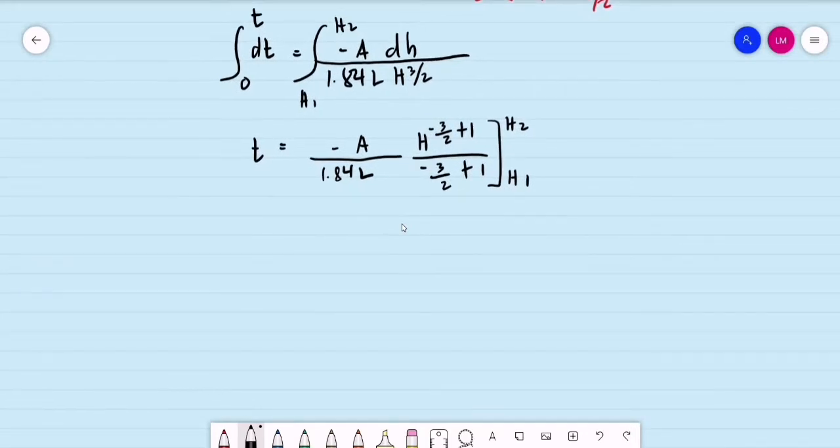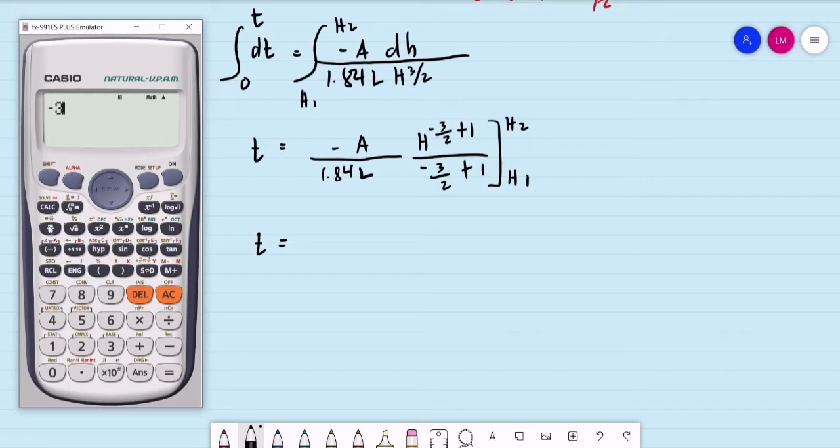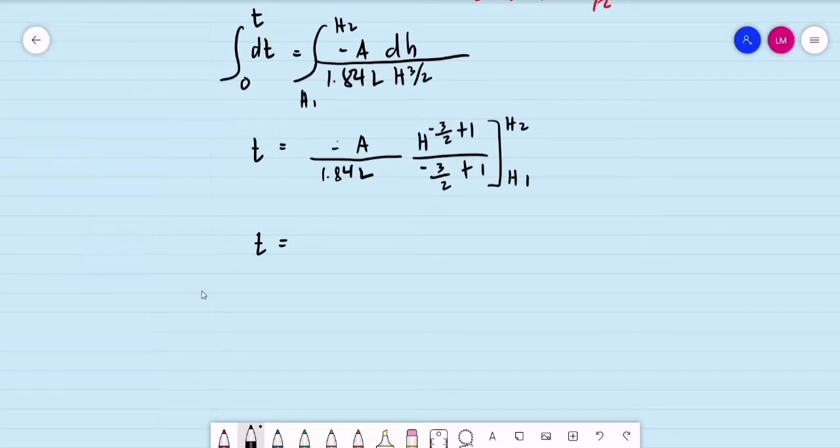Then kung isi-simplify pa natin ito, we'll be having the time equal to negative 3 over 2 plus 1, which is negative 1 half. Ang reciprocal nun is 2, times negative, so magpa-positive na yun. So, twice the area divided by 1.84 L. Ito rin naman, magiging negative yung kanyang exponent. So this is a negative 1/2.